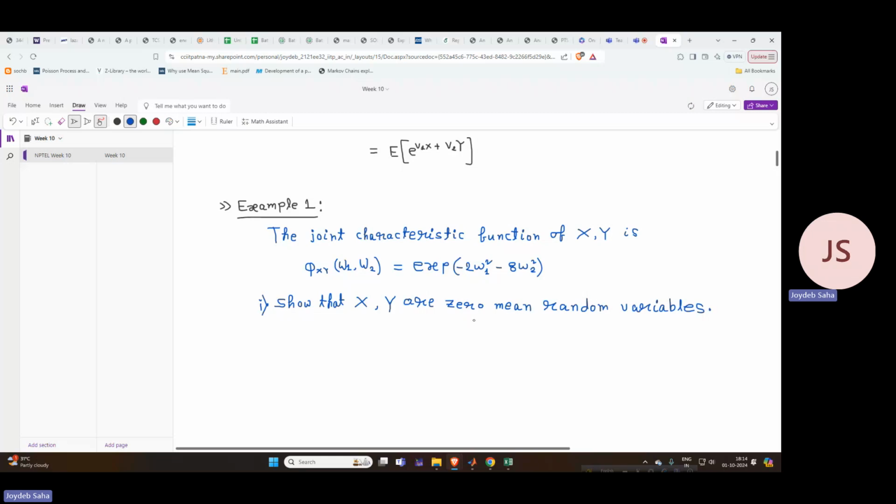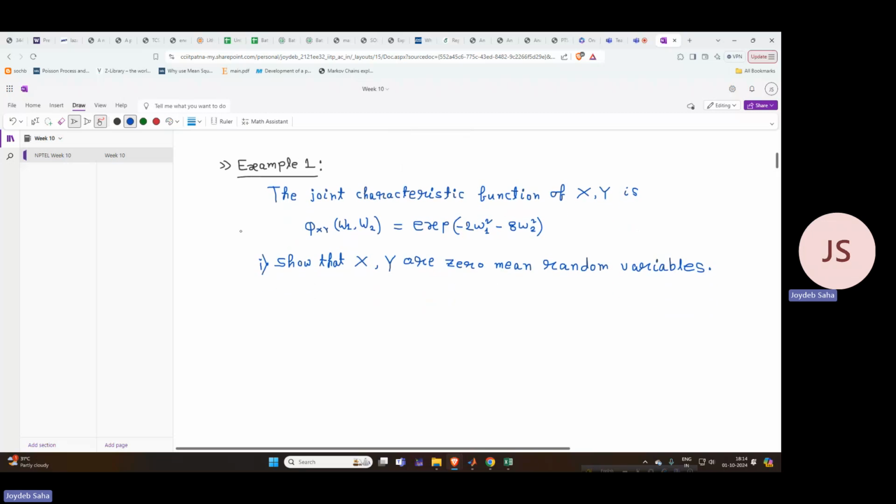This is our first question. So the means are the first order moments, right?